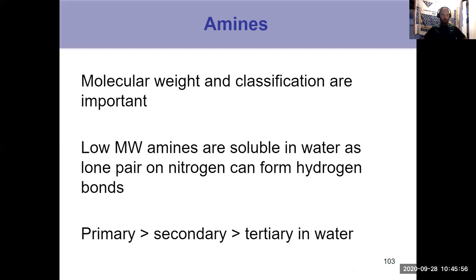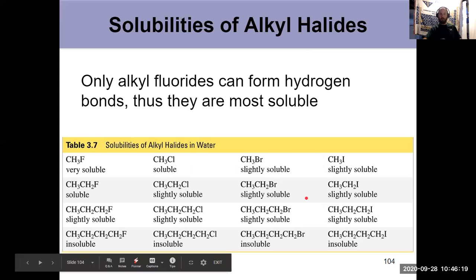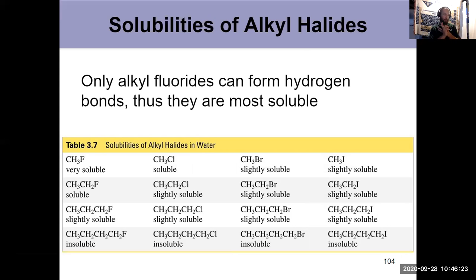And primary amines, where we have an NH2, are more soluble than secondary amines, where we have an NH, which are more soluble than tertiary amines, where we just have the nitrogen. Tertiary amines can be soluble in water because they can hydrogen bond with the solvent themselves. All right, but there is a big drop-off with tertiary amines. Okay? So know that, right? Primary, most soluble, followed by secondary, followed by tertiary.